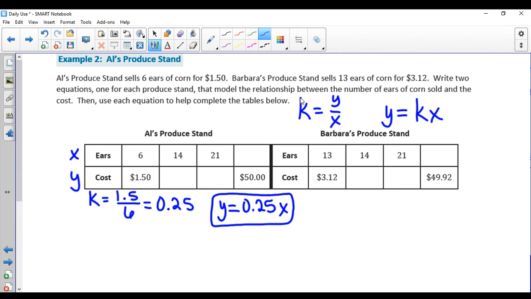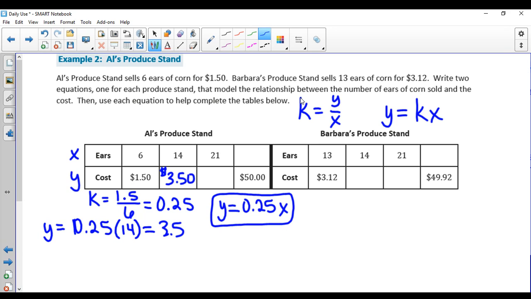In order to find the cost for 14 ears of corn, we're going to write y equals 0.25 times the x, which is 14. And when we put that in our calculator, we will get 3.5, or if we write it as a dollar amount in the box, $3.50.